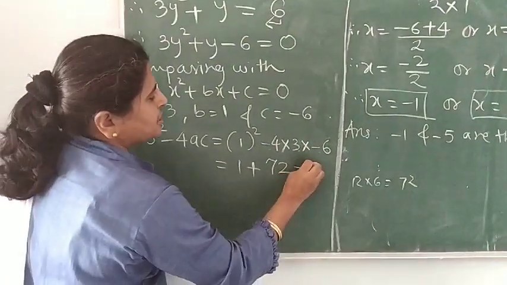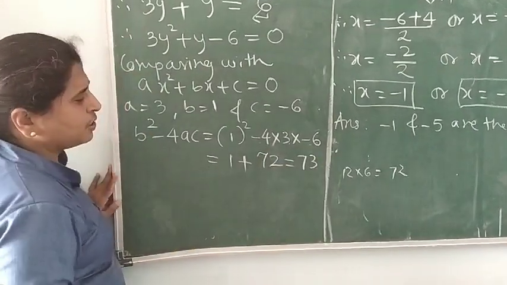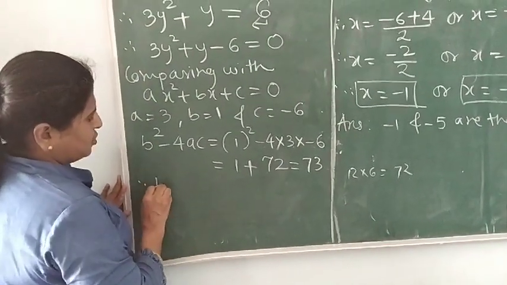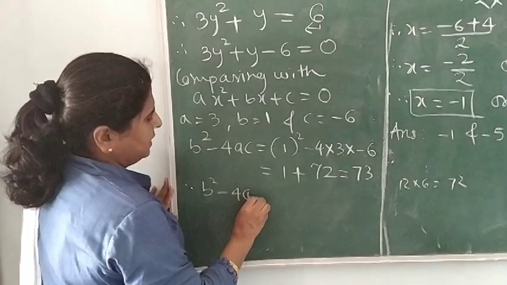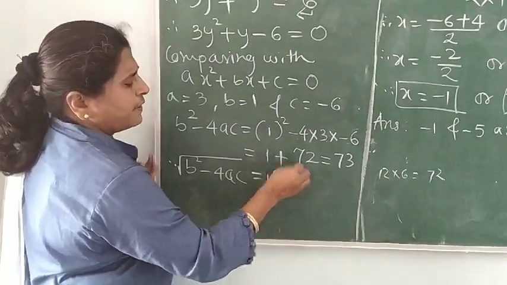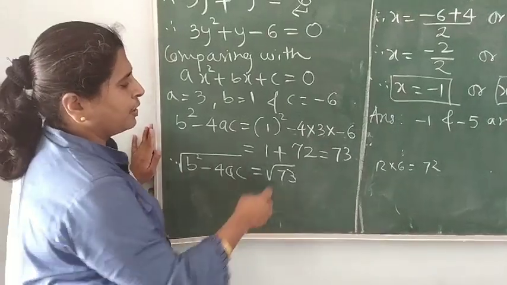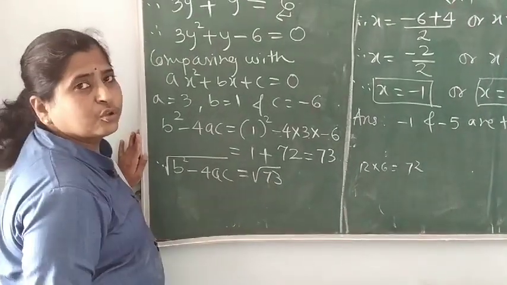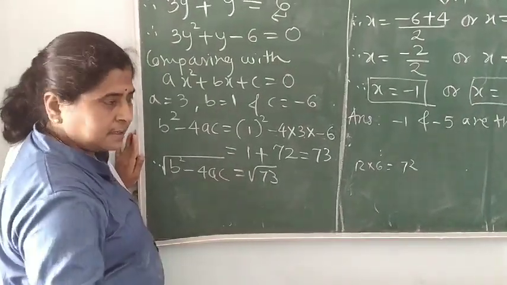So it has become 73. Now 73 is not a perfect square, that's okay. So the square root of b square minus 4ac is going to be the square root of 73. Now 73 is a prime number, so you cannot get its factors also. So you have to keep it as it is.